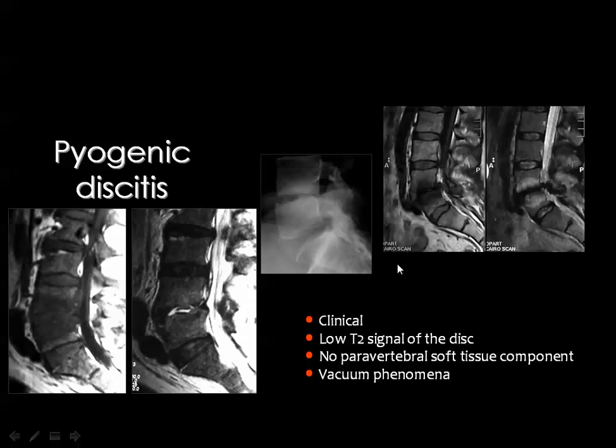In cases of degeneration, the disc space is narrowed, and what is very important is the appearance of the disc in the T2 weighted image. The disc will be black because it has lost its water content. But in cases of infection, the disc will be very bright because it is full of water and inflammatory granulation tissue.